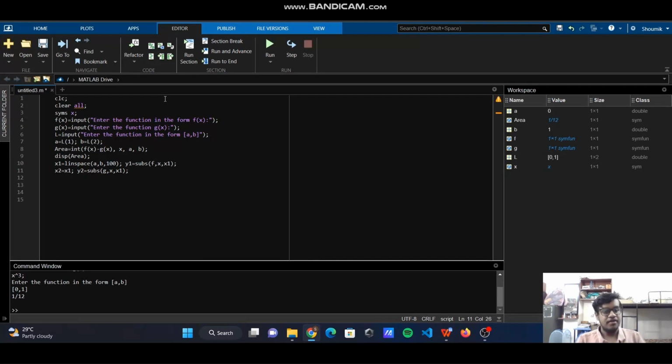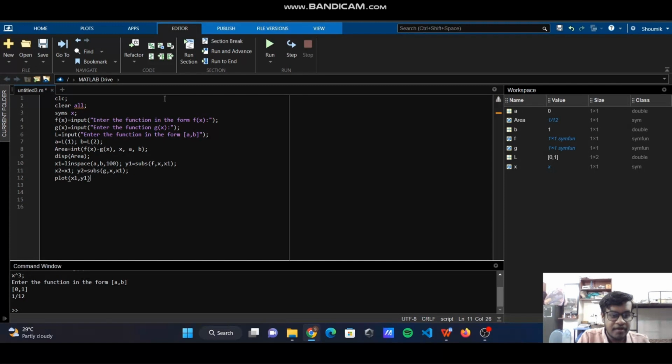You will get the same result either way. Basically, for the first one, x1 and y1, we substituted f of x with x1. This is the 100 points between a and b. x2 we kept the same, because the range of x2 will always be 0 to 1. However, for y2 we substituted a different function, g of x. Now this will make sense, trust me.